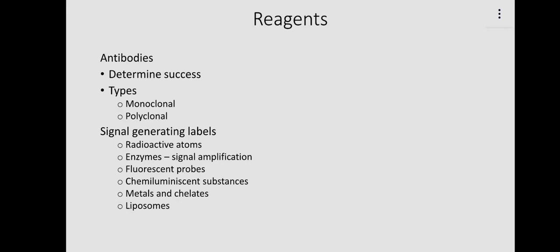The other bit of the reagents are the signal generating labels, and we will look at them in more detail later. So we'll just mention them. We can have radioactive atoms, enzymes, fluorescent probes, chemiluminescent substances, metals and chelates, and liposomes.